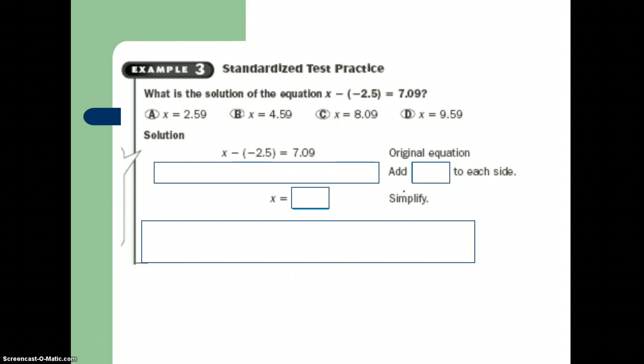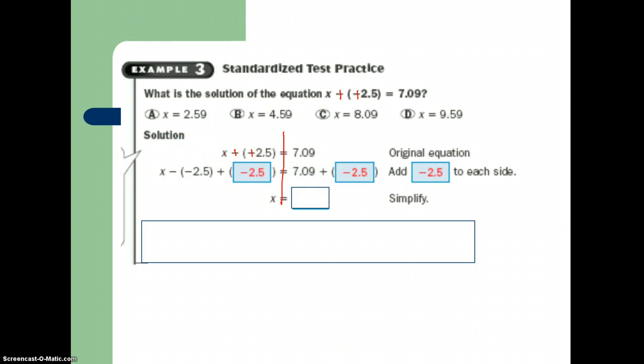Try example 3. Be careful, this is adding the opposite. Two sides to the problem. Here's the x. So we need to clear the 2.5 by adding negative or subtracting, but we add negative 2.5.